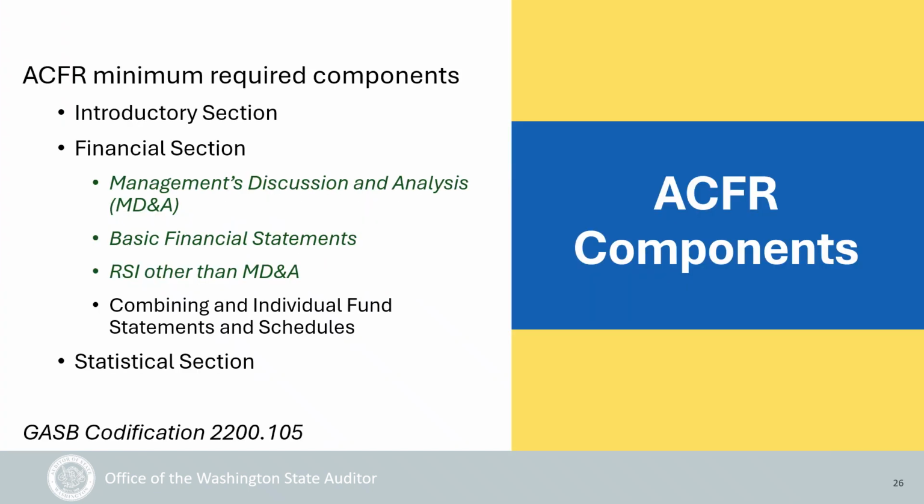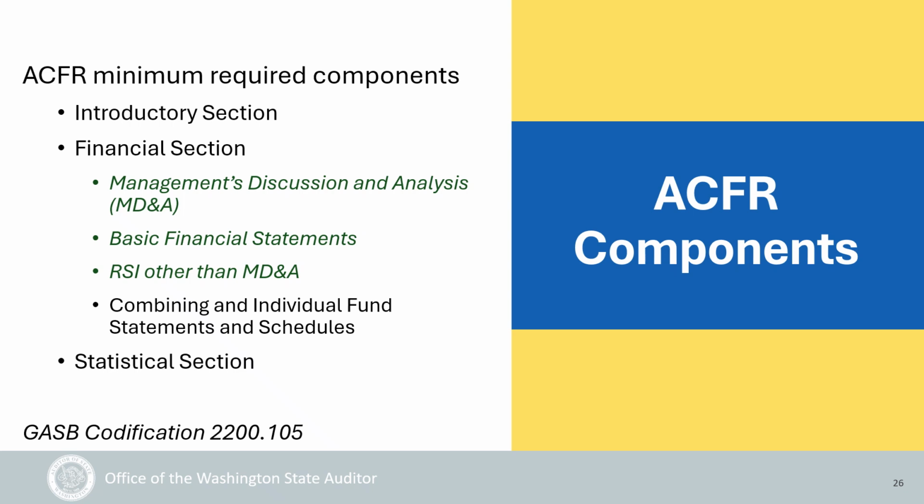So, what makes the ACFR different? Again, the ACFR requires additional components beyond the minimum required financial statements. These components are broken into the following sections: the introductory section, the financial section, and the statistical section.